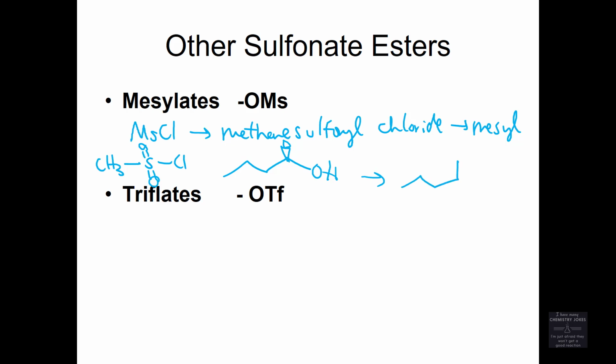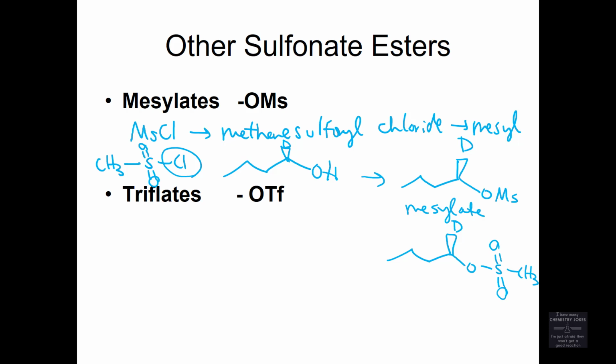A mesylate would look like this. And we have an OMs on the other side. This is a mesylate. A mesylate with all the atoms shown is this. You got rid of the chlorine, you got rid of the hydrogen, and you hooked the sulfur and the oxygen together.